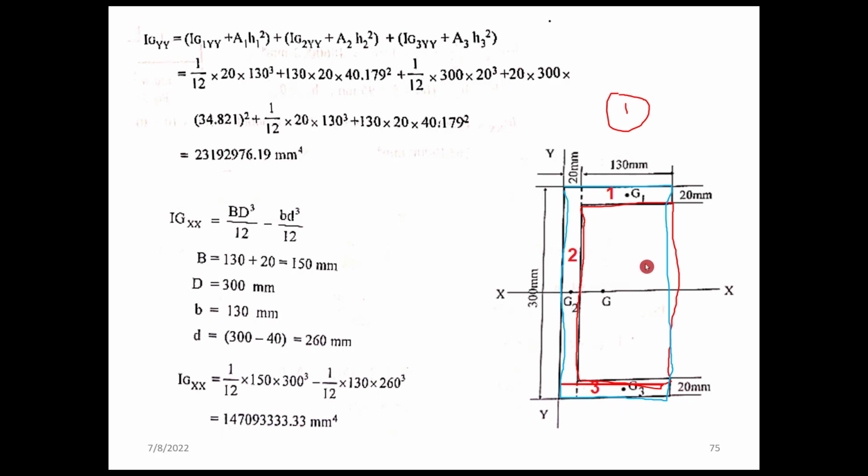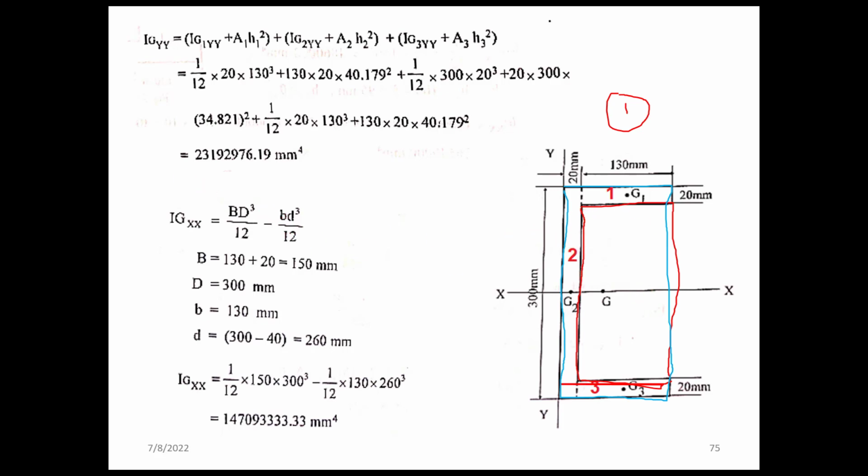You can subtract the centroidal moment of inertia of this red rectangle from the blue rectangle to obtain the centroidal moment of inertia of the given section. That is executed here. IGXS is equal to BD cube by 12 minus bd cube by 12. So capital B and D are for the big one and small b and d for the small rectangle.